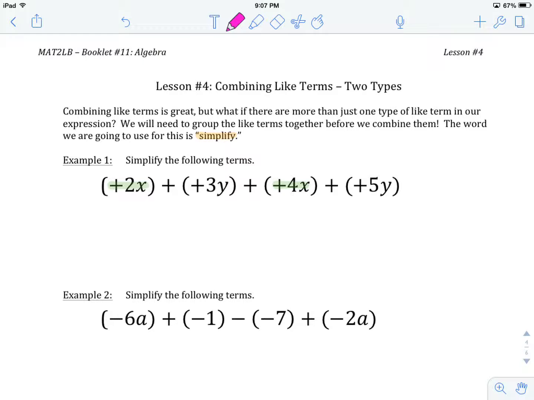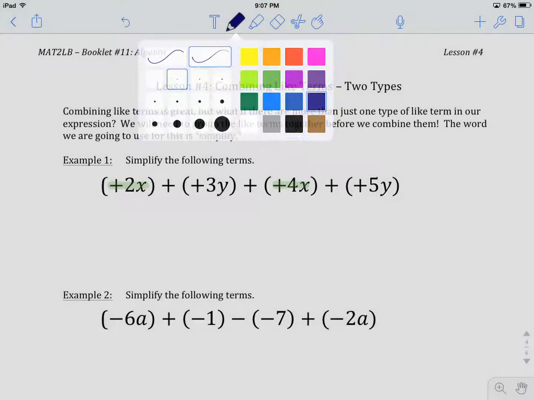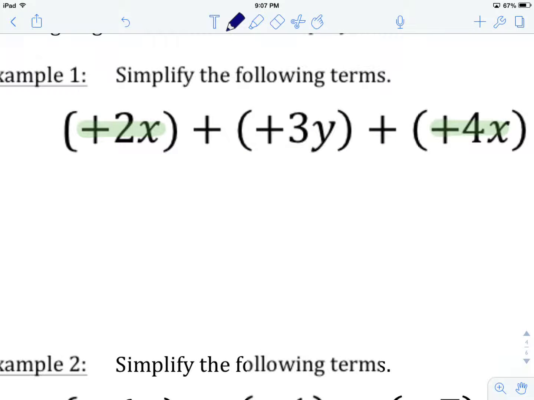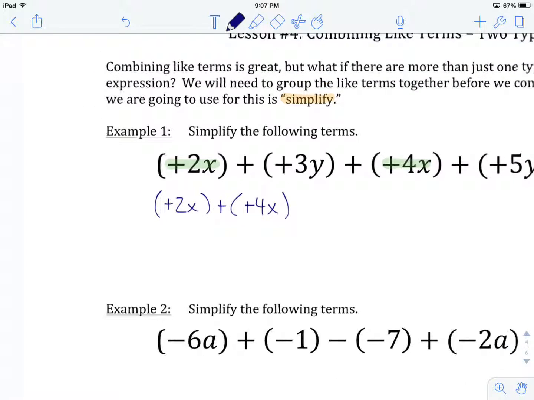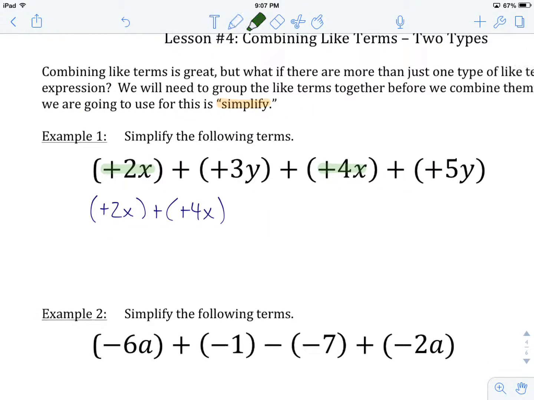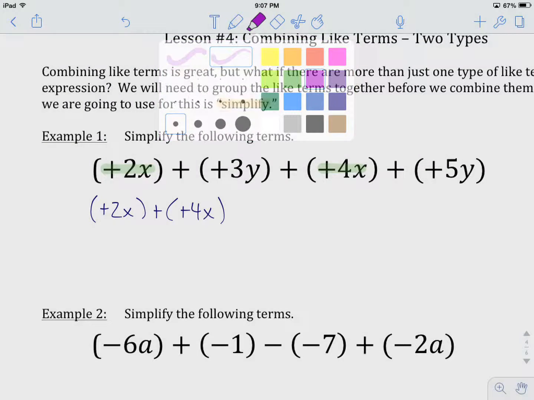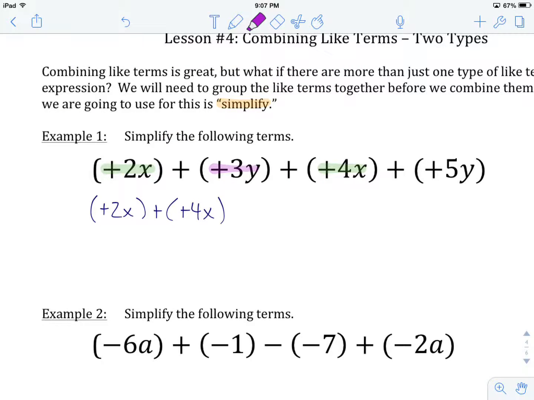And I'm going to write those two terms down right now side by side. So my first step here is to rewrite positive 2x plus positive 4x. So those two terms are alike, and I've tackled them. Now going back to our original expression, I see that I have a positive 3y. So what would make that term like another term is to have the variable y also raised to the exponent 1.